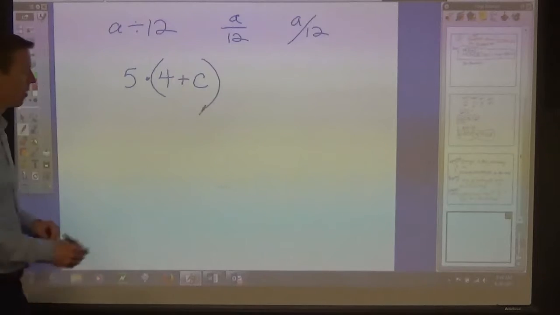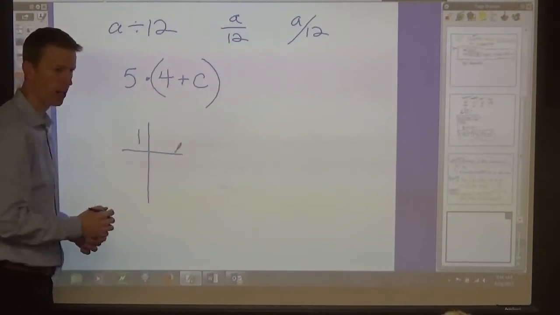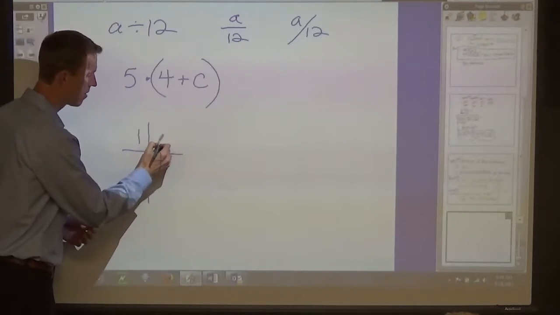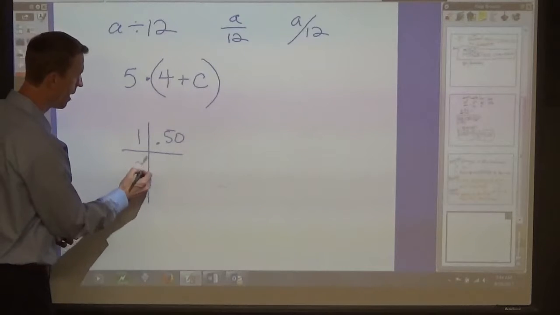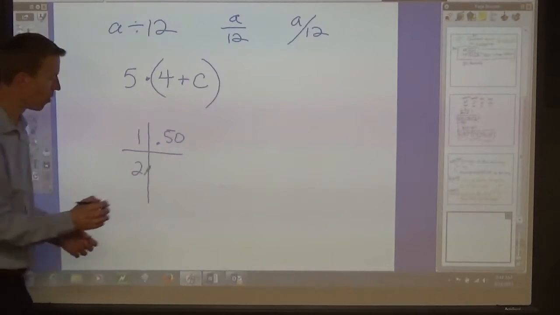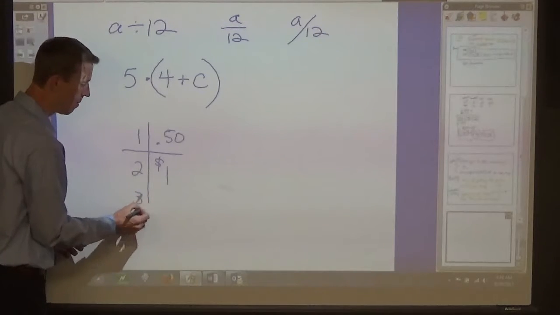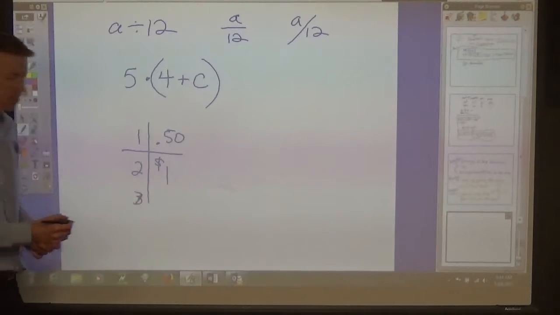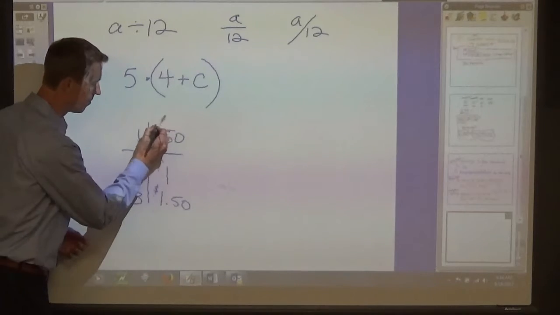So if you bought one bagel, it would cost how much? 50 cents. And 2 bagels would cost $1. And 3 bagels would cost 150. 150. And then 250, then 3.